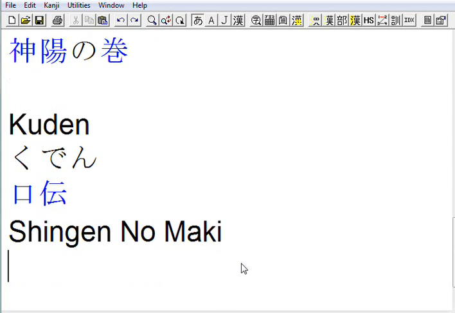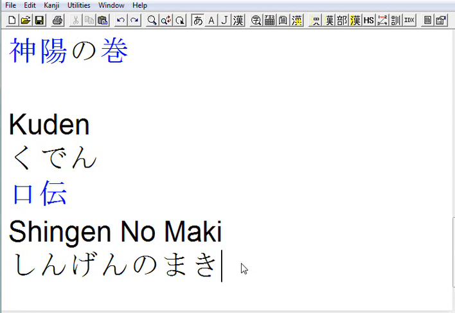And the name of this board, Shin Gen no Maki. Okay. Shin Gen no Maki. A lot of times, especially when I was first learning the system, people would call it the Shinjin, and that is not correct.